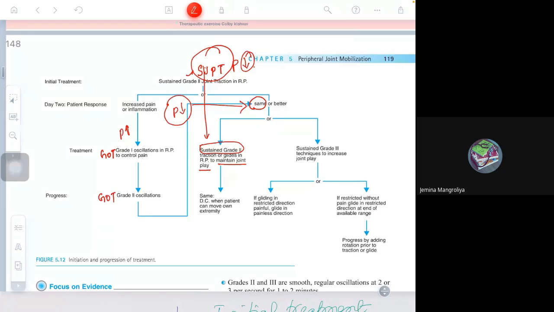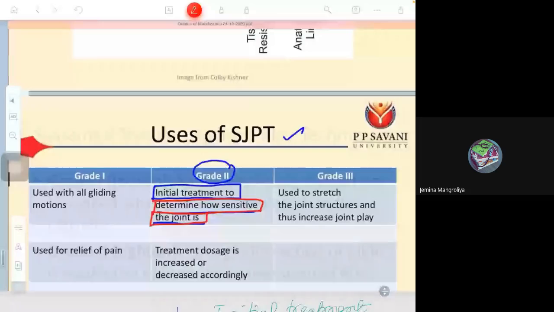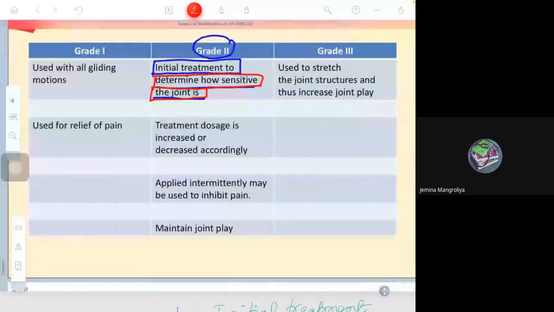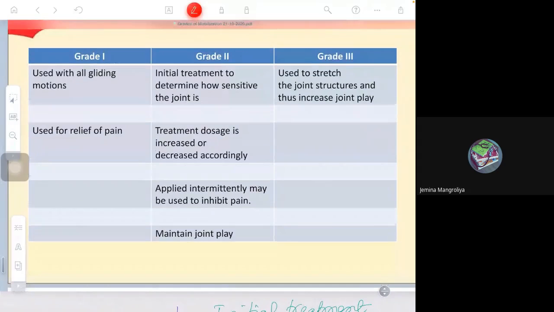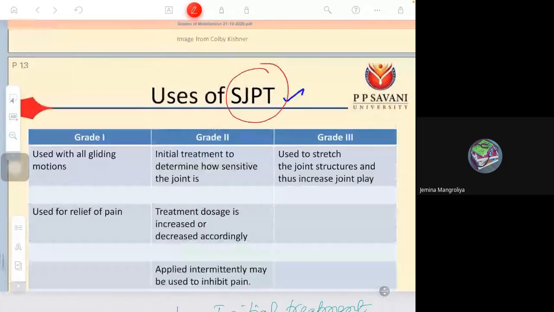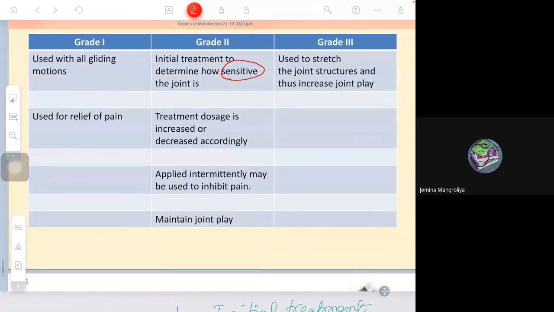Because you know grade 2 is used to find the sensitivity, and this is SJPT. Grade 2 is used to find the sensitivity of the joint and to maintain the joint play. First you had given it to find the sensitivity.